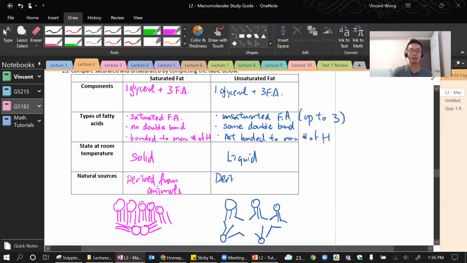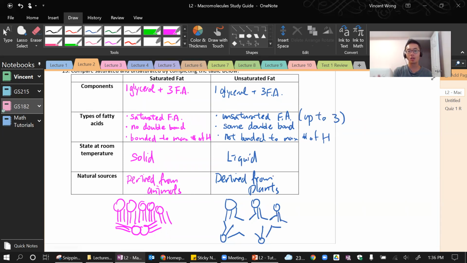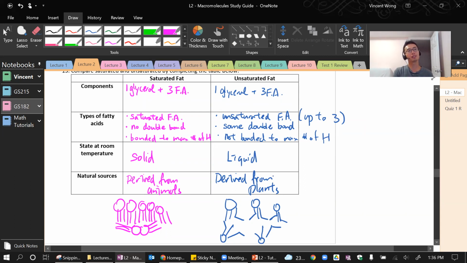These are derived from plants, and usually they're liquid. So like canola oil, grapeseed oil, olive oil, they are plant derived. Now there are exceptions to these rules, right? Anybody know a plant derived fat that's actually solid at room temperature?